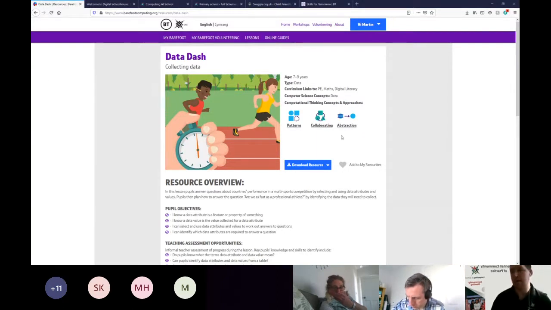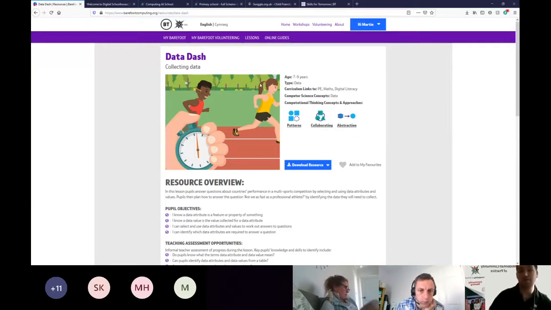It's got the lesson plans and presentations, and it's pretty much good to go. Then you just use it as you need to. You can adapt it, they're all editable, so if you need to change it for differentiation purposes or anything along those lines, you can.